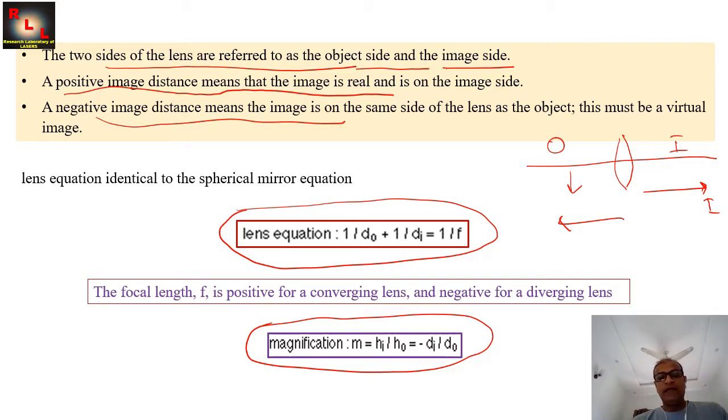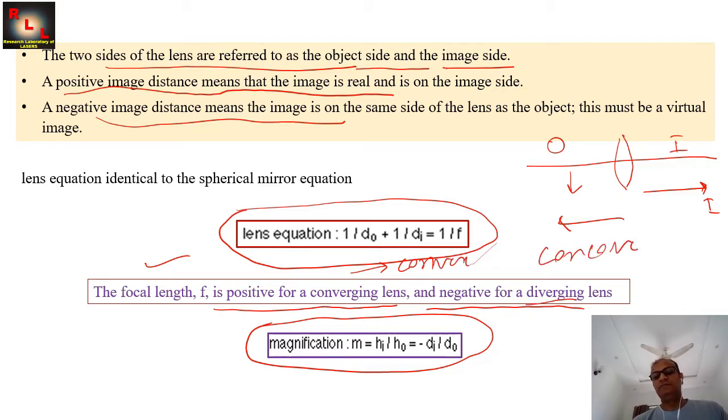Another important point is the focal length. The focal length is positive for a converging lens and negative for a diverging lens. So a converging lens is a convex lens, and a diverging lens is a concave lens. F is taken as positive for a convex lens, and for a concave lens F is negative.